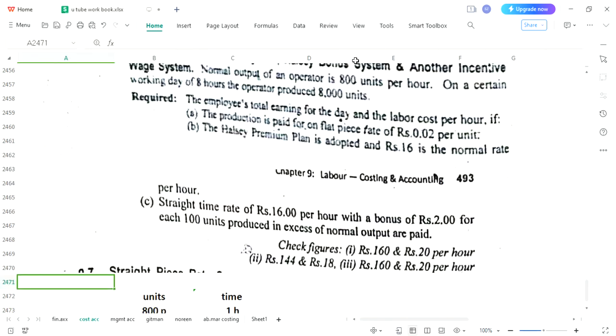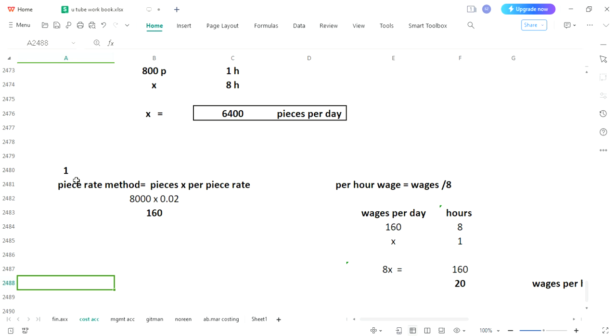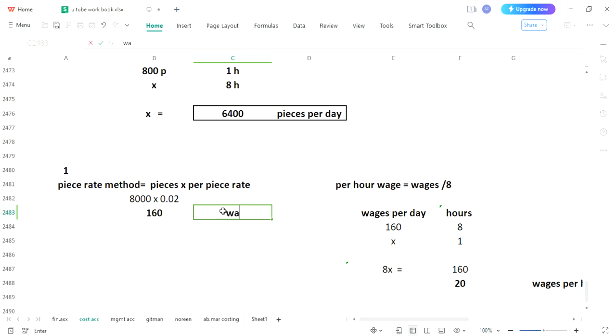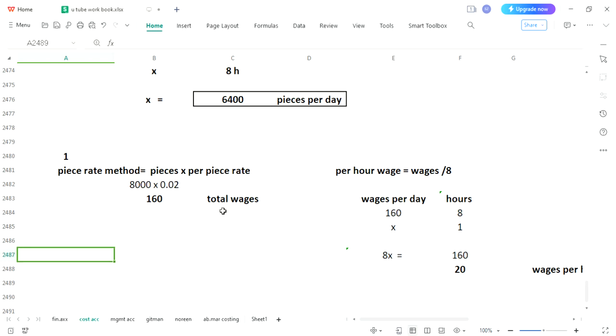For the first part there were two answers, 160 and 20, and what we have calculated, 160 and 20. This is what we calculated as total wages. Alright, so the first part has ended. We can mark it as completed, and we will further go to our next journey to calculate the second part.